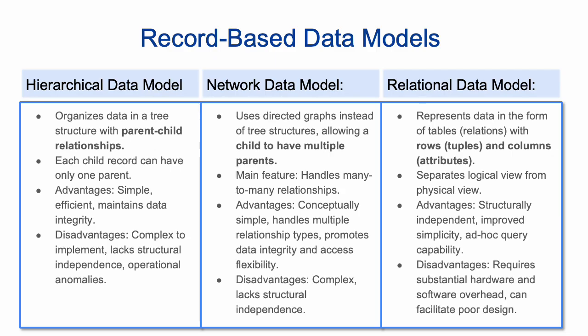And the last one, the relational data model, represents data in the form of tables with rows and columns. The rows are the tuples and the columns are the attributes. For a clearer understanding of these data models, we just skip to the next slides.